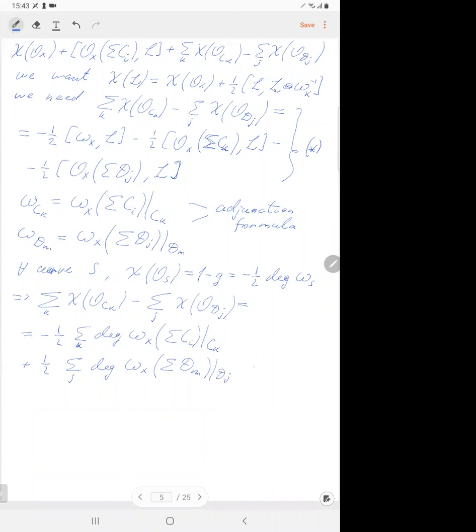Okay, but now this you can rewrite back in terms of pairing, and you get just what you need. So this is negative pairing of omega x and L minus the negative pairing of sum of the i's with itself.